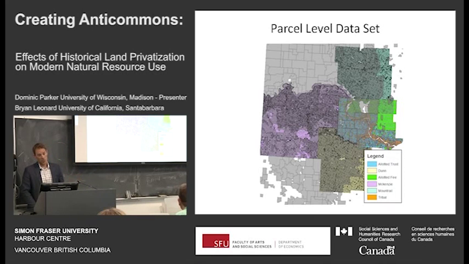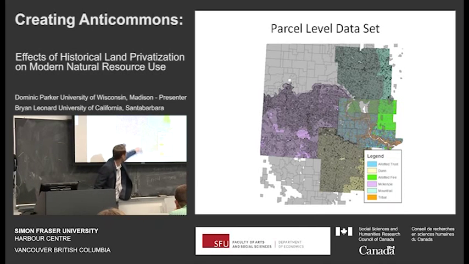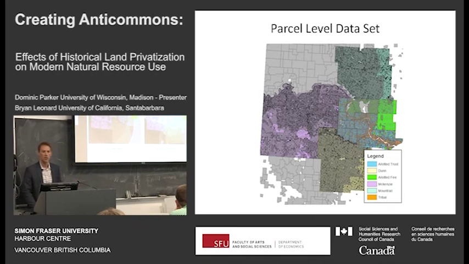We've collected parcel level data for these counties around the Fort Berthold Reservation. So we have about 40,000-ish parcels. These are oil fields, so we overlay information about the oil endowments with the surface characteristics.